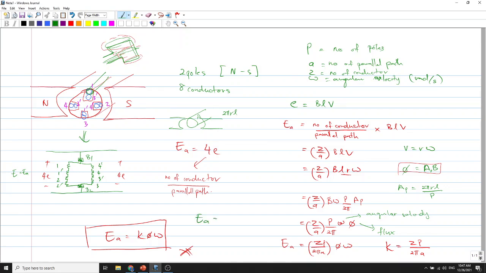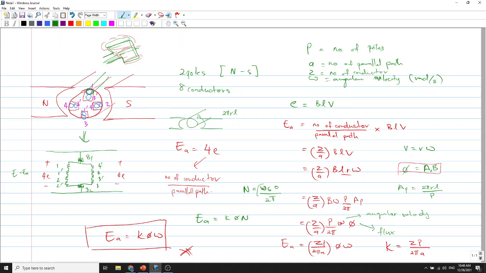They write it like this: K phi N, where N is in RPM. Since they convert from angular velocity to RPM, you need a conversion: N equal to omega times 60 divided by 2 pi.